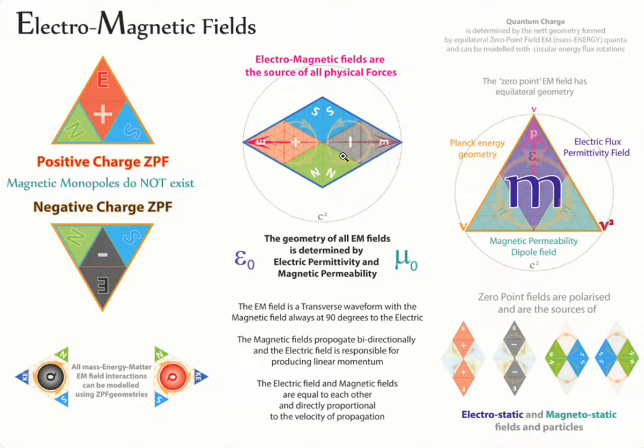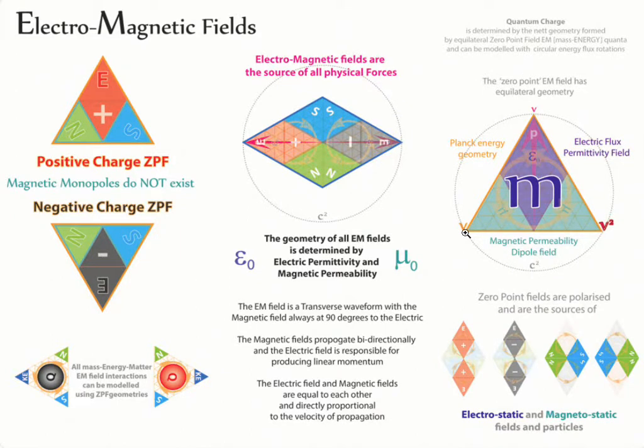And these fields don't always come together as photons. They can in fact form electrostatic and magnetostatic fields, but in all cases they contain electric permittivity and magnetic permeability, or EM, properties within the mass energy field, or the mass energy momenta fields.